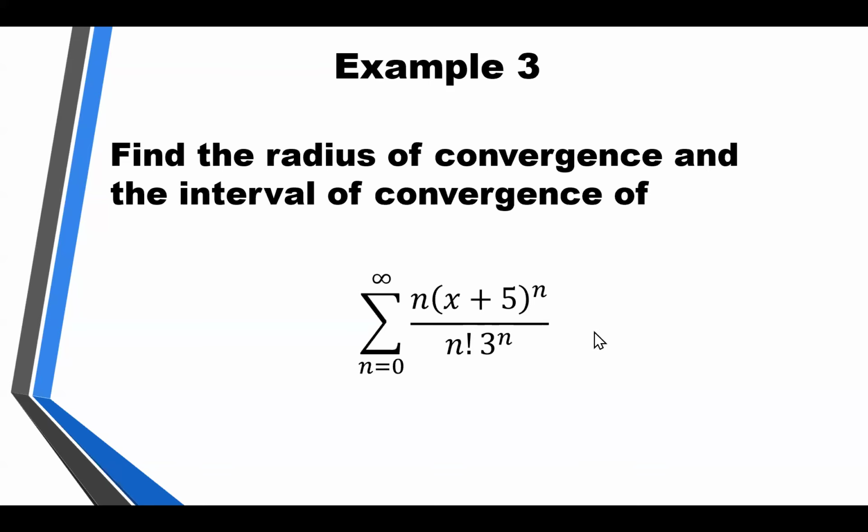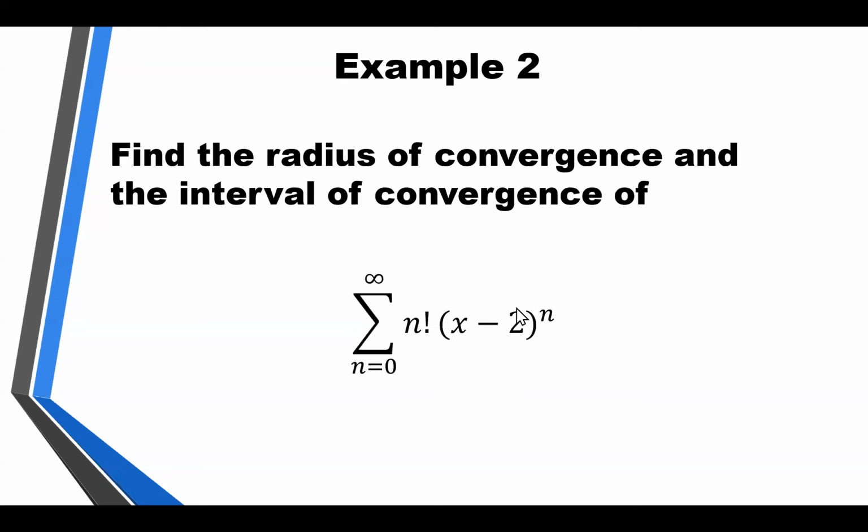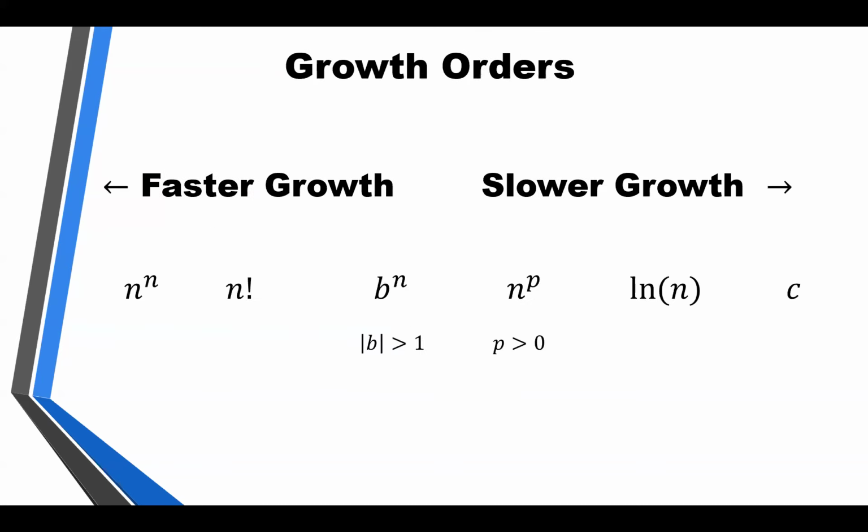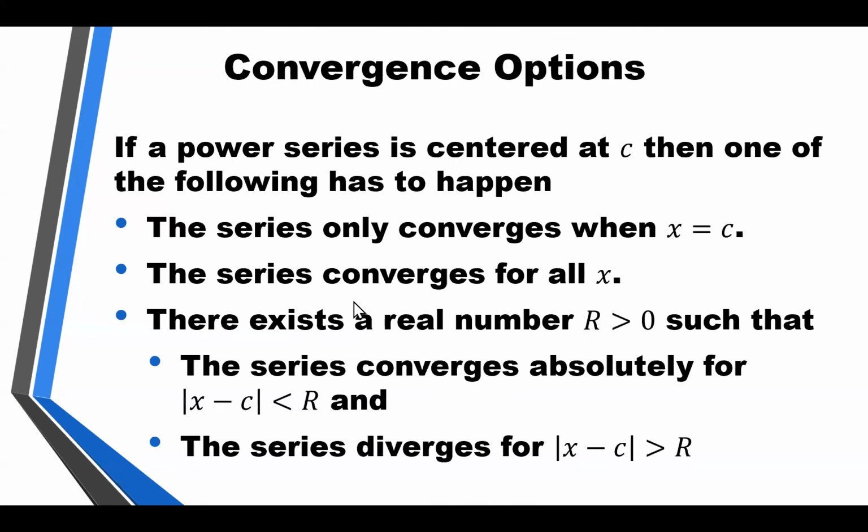Now, in these first 3 examples, the existence of the n factorial made my exponential growth irrelevant because n factorial is a faster type of growth than exponential. Therefore, we were in one of these first 2 options.